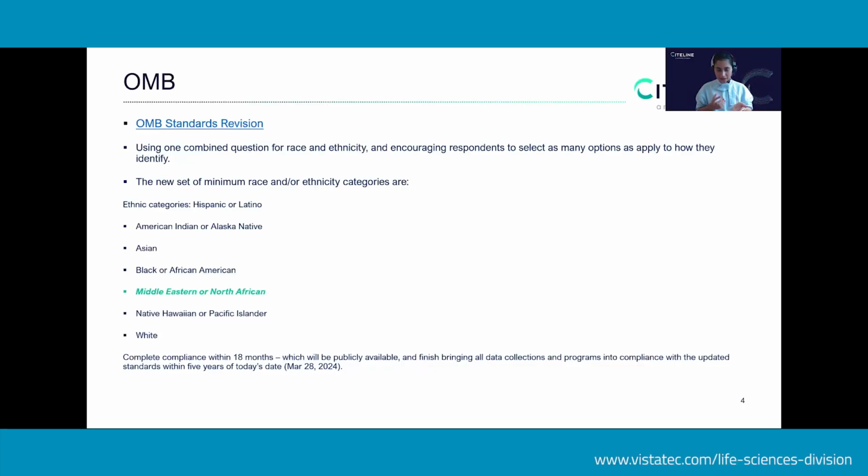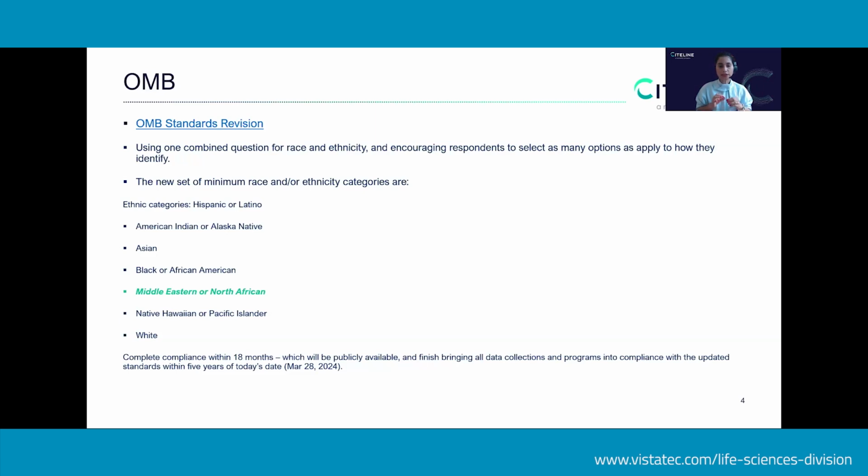I also read lots of the comments submitted to the FDA about how difficult it is to standardize data, and how difficult it is if I'm working on a global study to do the harmonization, given the OMB standards in the US versus someone based in Europe, and so on.